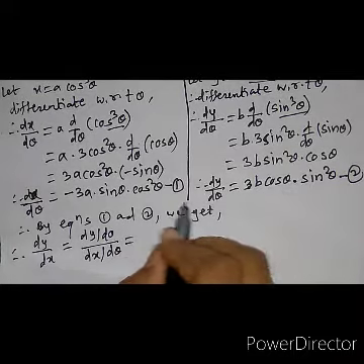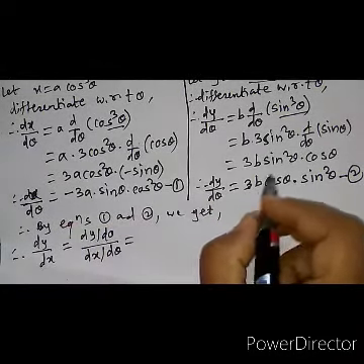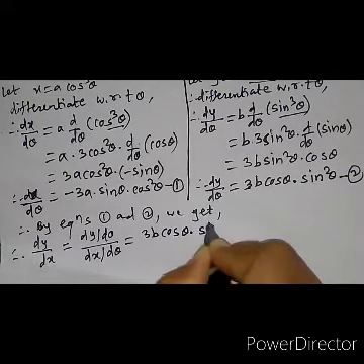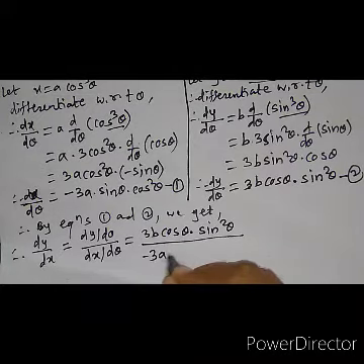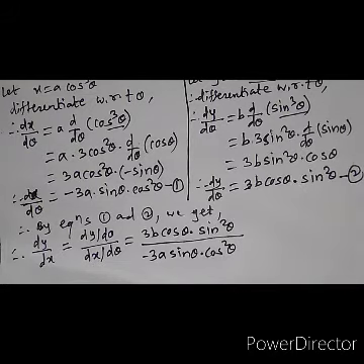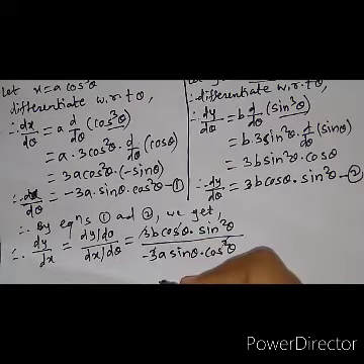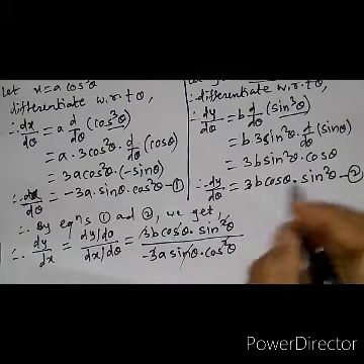Now by equation 1 and 2 we can put the value of dy by d theta and dx upon d theta. So dy by d theta, 3b cos theta into sin square theta upon minus 3a into sin theta into cos square theta. Now 3 upon 3 gets cancelled. 1 cos upon cos gets cancelled. 1 sin gets cancelled.